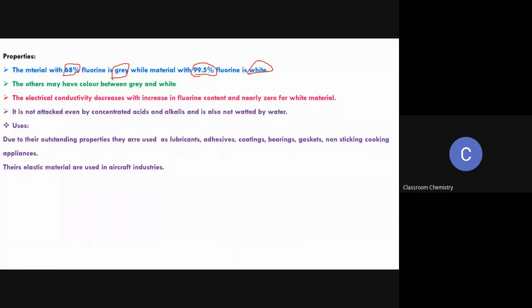If you take other examples, that is 80%, 85%, 90%, 95%. When the percentage of fluorine is lower, it appears gray, while with a higher percentage of fluorine it appears white in color.